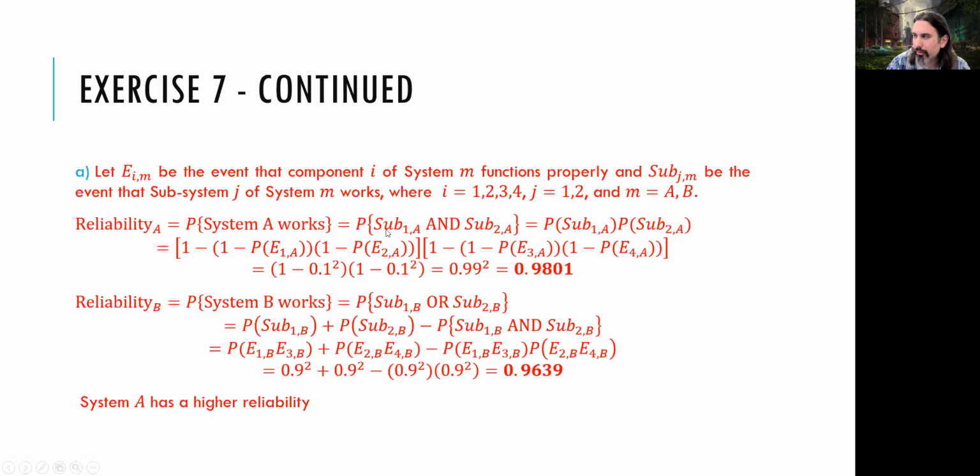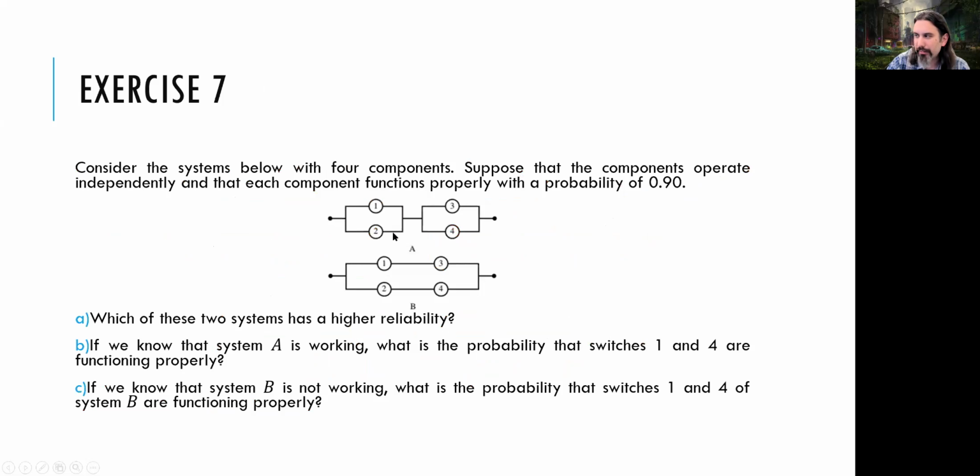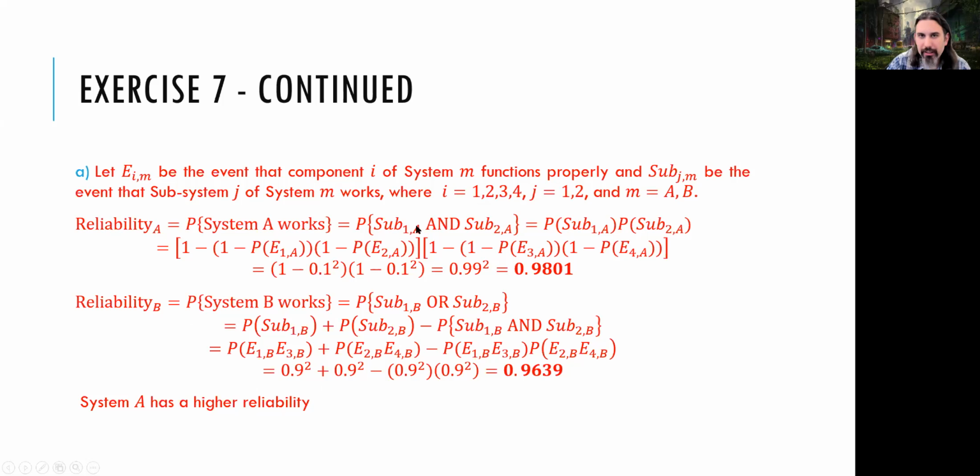Then we are looking for sub 1A and sub 2A, both subsystems working. Because as you can see in the first one, both of them have to work. If both of them work, then the system works. So we're going to have to take a look at how they don't work. If one of the subsystems does not work, then we're done.